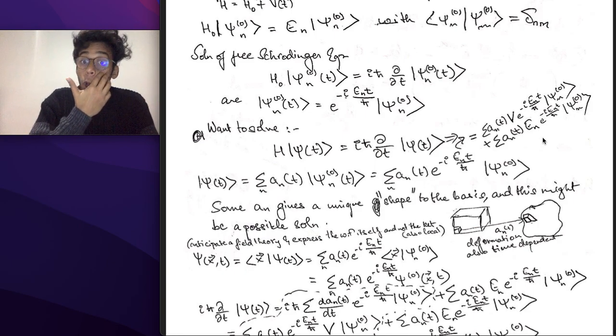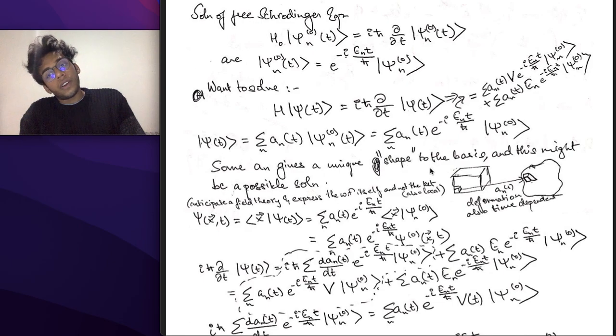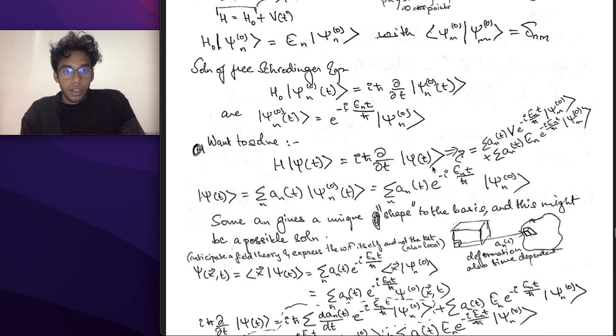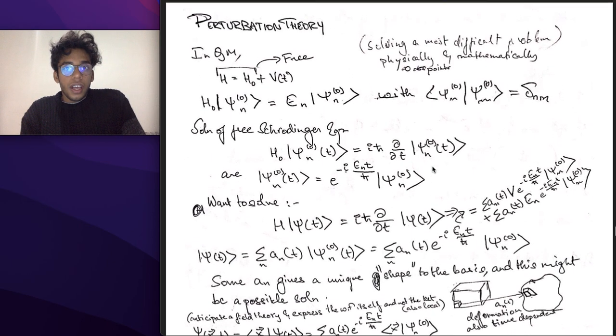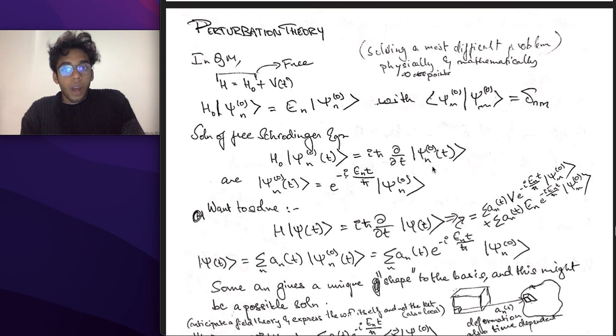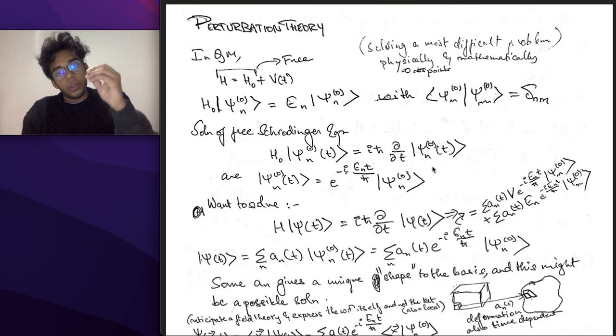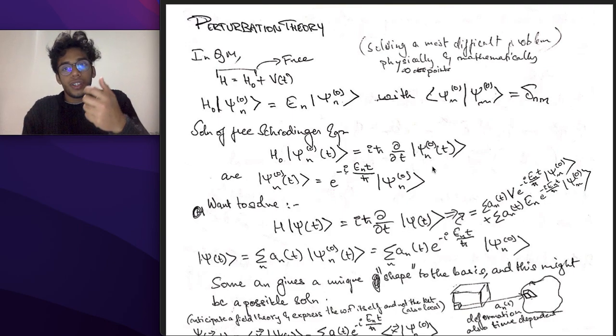So now, one of the ways that I like to think about this is that the problem of perturbation theory is most difficult because your potential is a function of time. That means your potential is changing with respect to time. So you need to capture the idea of the potential itself, but you also need to capture how the wave function in general changes with respect to time.